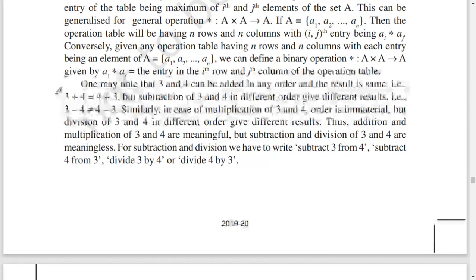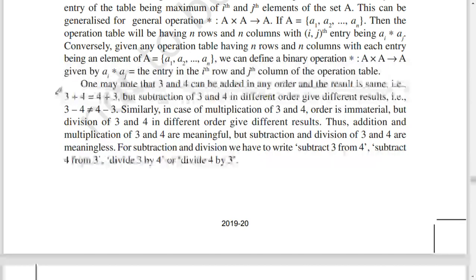One may note that 3 and 4 can be added in any order and the result is the same, that is 3 + 4 = 4 + 3, but subtraction of 3 and 4 in different order gives different results. That is, 3 − 4 ≠ 4 − 3. Similarly, in case of multiplication of 3 and 4, order is immaterial, but division of 3 and 4 in different order gives different results.